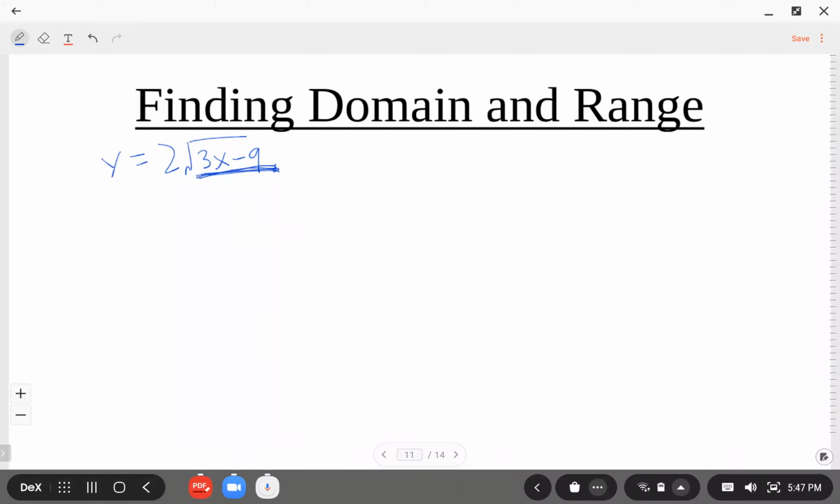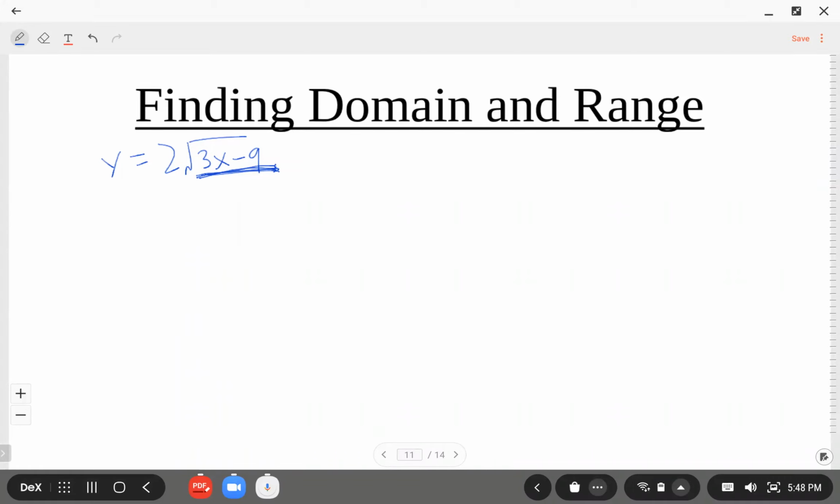So the domain. You can't have something in this square root that is negative. If you get a negative number in the square root, it's not going to work because you can't take the square root of a negative. So you need this to be greater than or equal to 0.